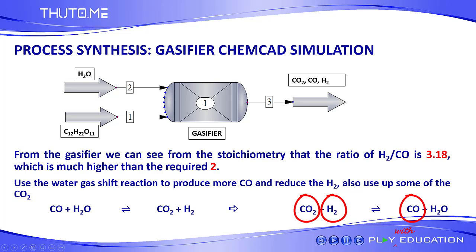The advantage of this is we will also use up CO2 to make CO. Remember, CO2 basically becomes a waste of our carbon that we are feeding into the system. So if we use it up to make CO that we can use to make methanol, it is actually a very good step to take in the situation.